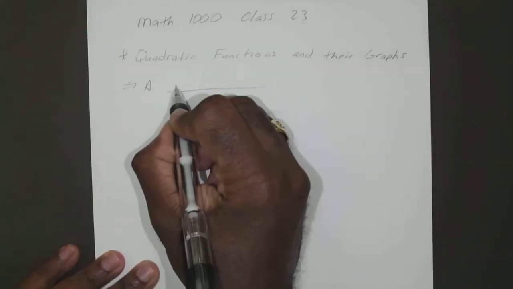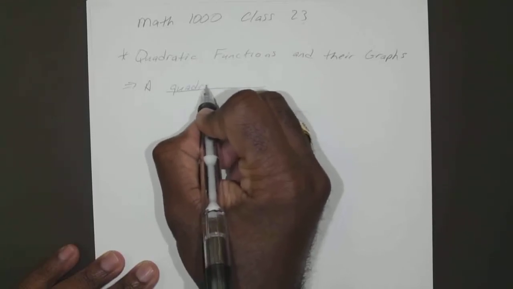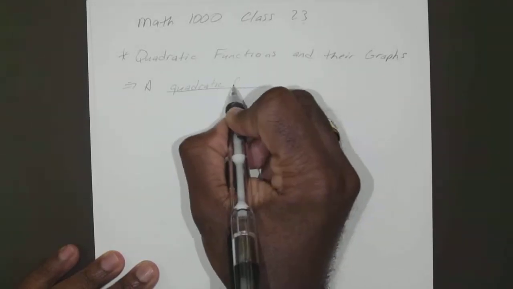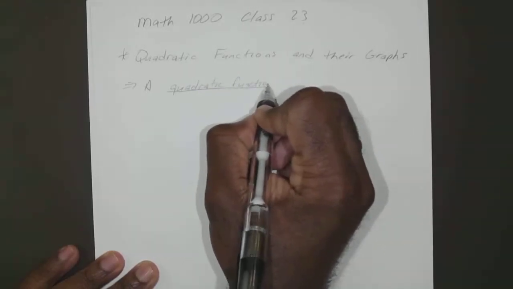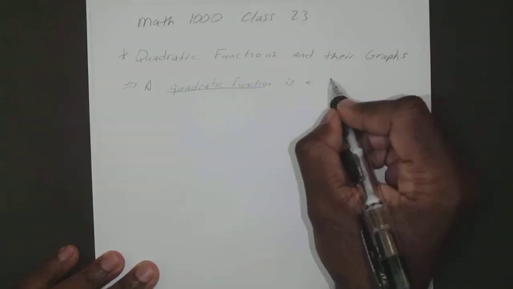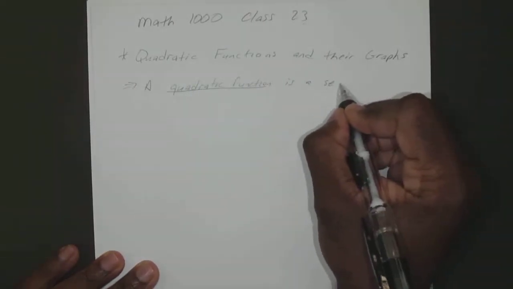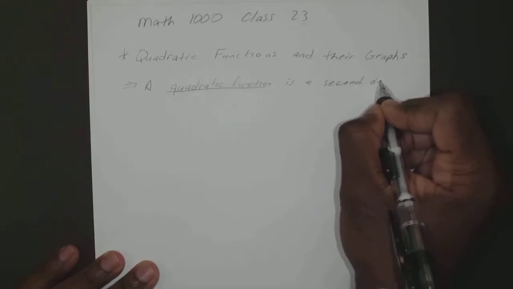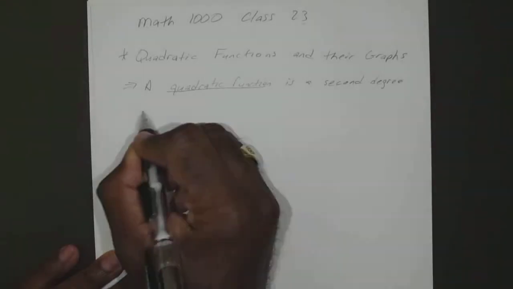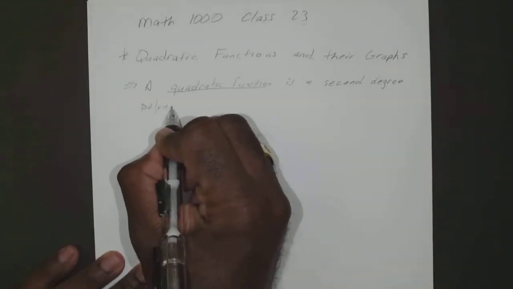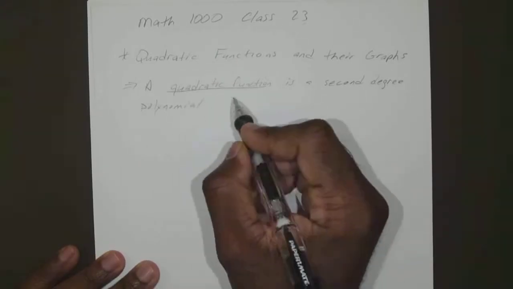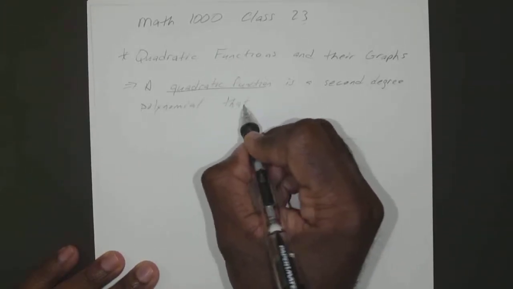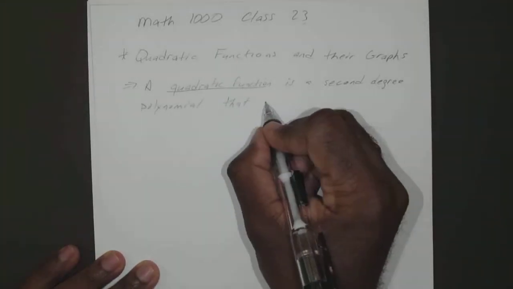Let's say, a quadratic function is a second degree polynomial that can be written in the form. There are other forms it could be written as.